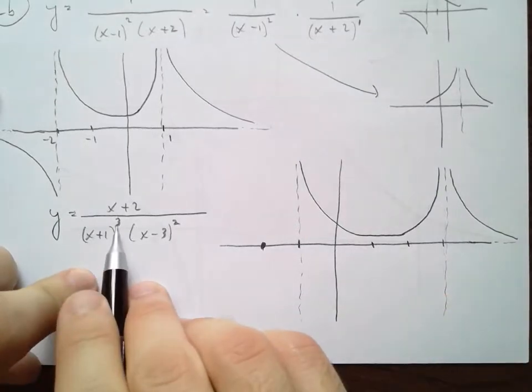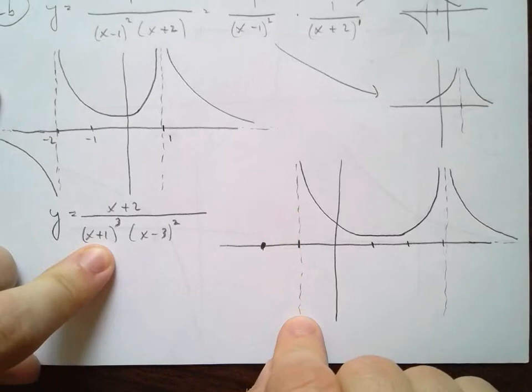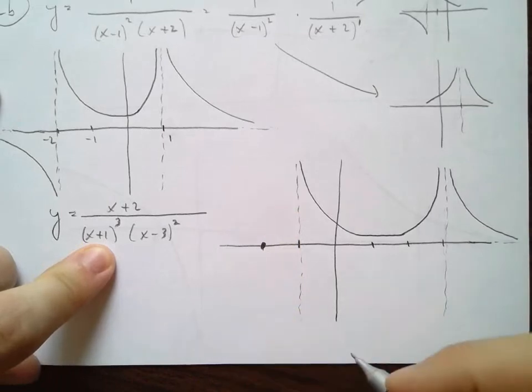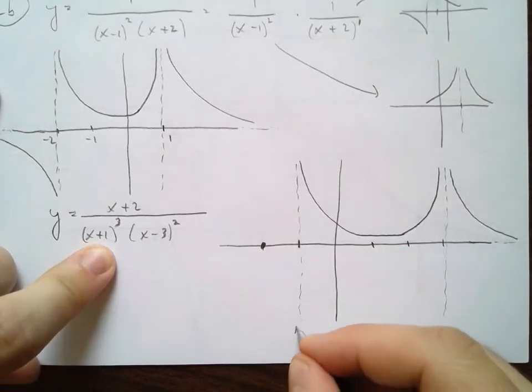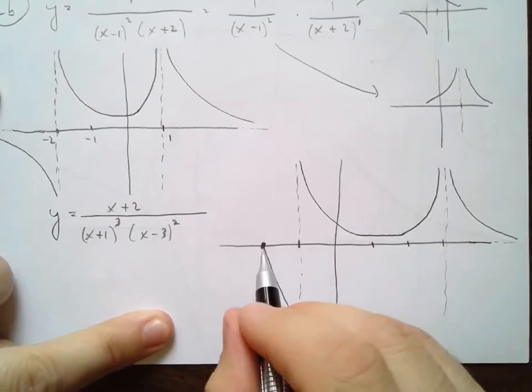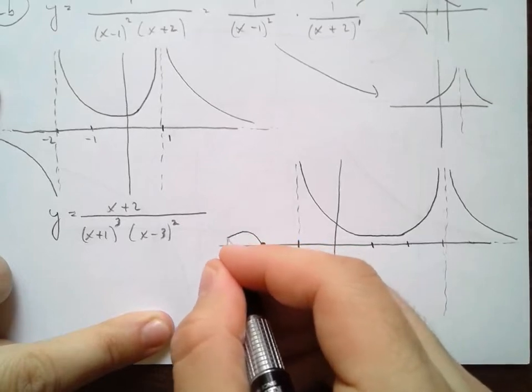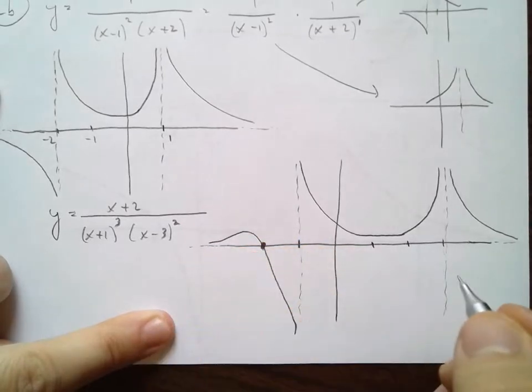But this is of degree 3, right? So now this asymptote is a degree 3 asymptote, which means I flip on the other side of the asymptote. And I have to cross that 0, but then as I go to minus infinity, I need to level off like that.